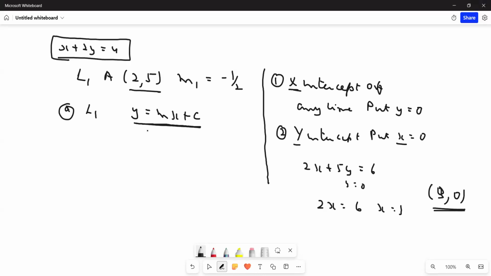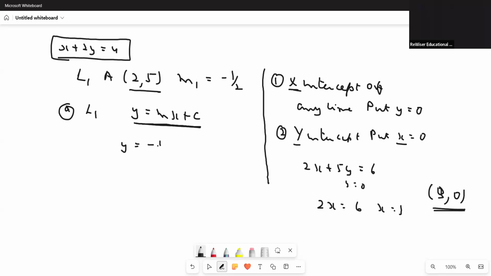Now I'll tell you two ways of doing it. One is the easier way, where you say y is equal to minus half x plus c, because the value of m is minus half. Then it is passing through the point 2 comma 5, so you put the value 5 for y and 2 for x, and calculate the value of c. If I cancel this out, the value of c is 6.